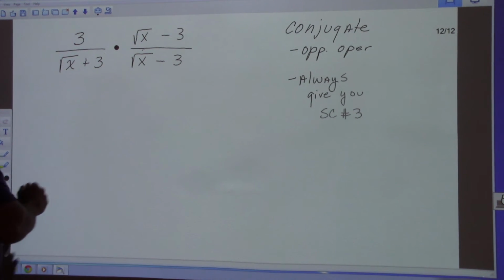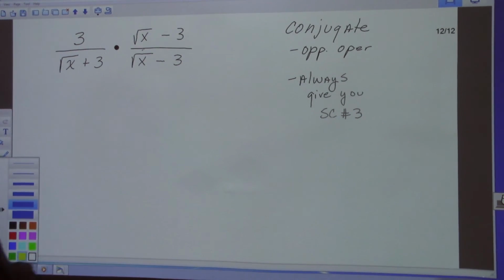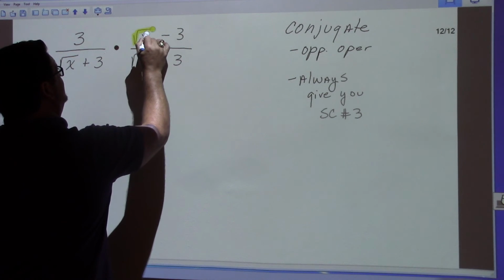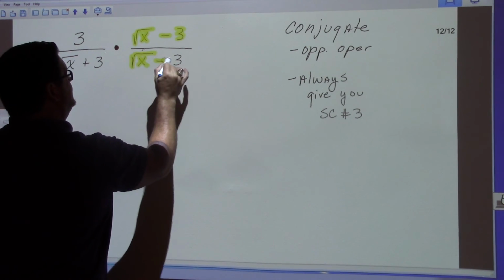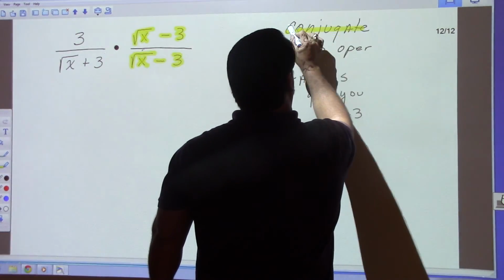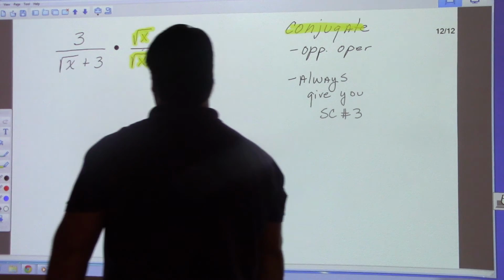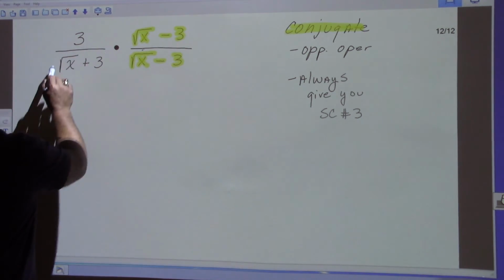So I'm going to take this and change it to yellow. Square root of x minus 3. And on the bottom, I'll take my red marker.